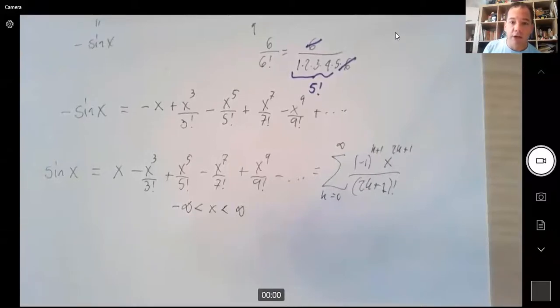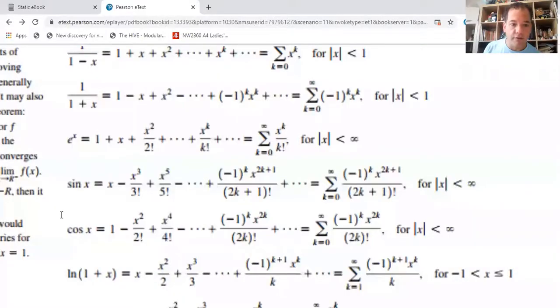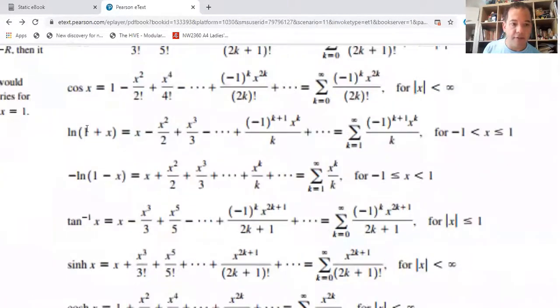Let me go back to the list that we had from the book. We did sine and cosine. We have this ln and negative ln that we did a couple of classes before, not as Taylor series, but starting from the geometric series, we figured those out.